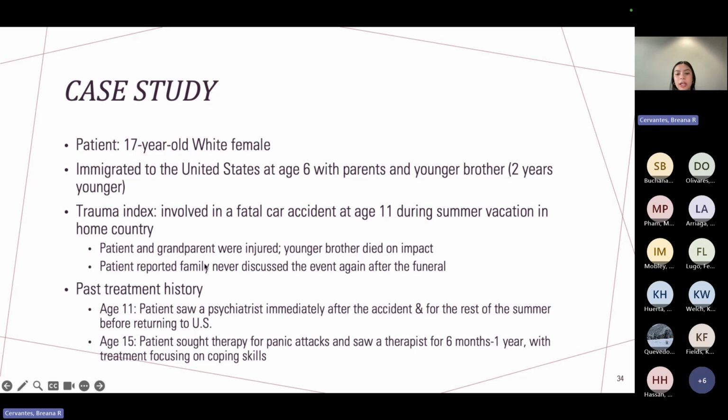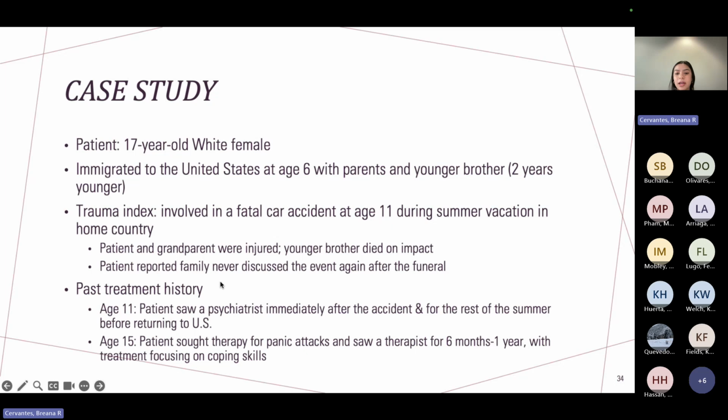The patient reported that after this happened, the girl was released from the hospital and they held a funeral in their hometown, because remember, they're in their home country. By the end of the summer, they had this funeral and they were going to head back to the US and go about their life because they'd moved there, but now it would just be the child, my client, and her parents.